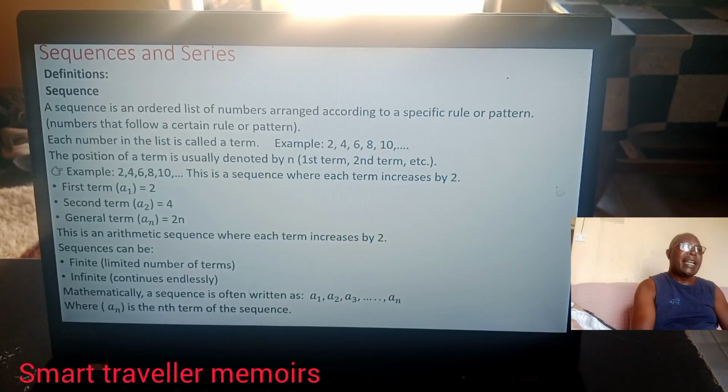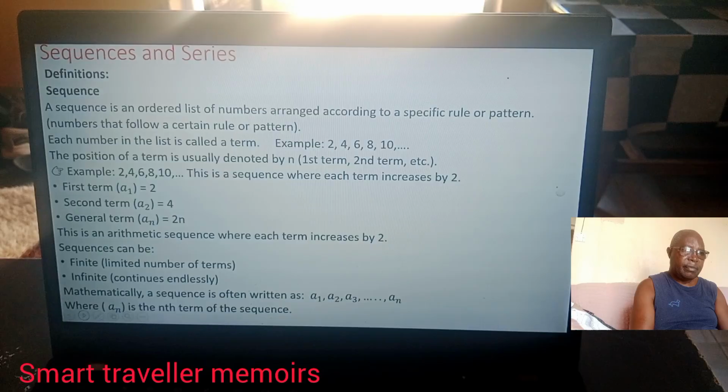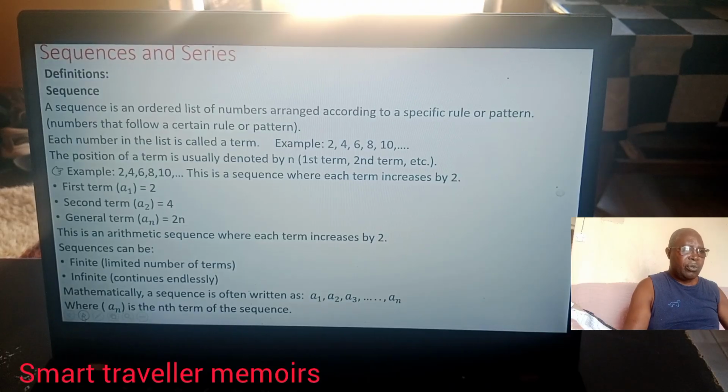The position of a term is usually denoted by n: first term, second term, etc. Example: 2, 4, 6, 8, 10, and so on. This is a sequence where each term increases by 2. The first term, a1, is equal to 2. The second term, a2, is equal to 4.